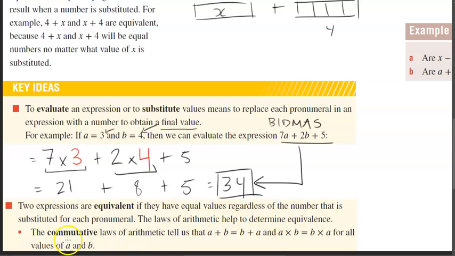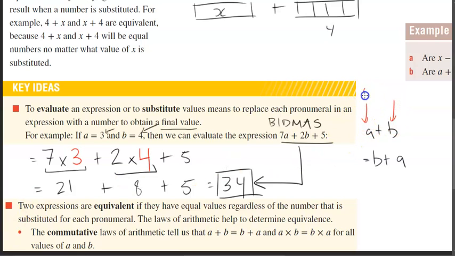And there's one law, the commutative law. The commutative law of arithmetic tells us two things. That if we were to add any two numbers, a plus b, this is the same as getting those two numbers and flipping their order. So a plus b is the same as b plus a. And the substitution comes into play as I can choose any two numbers. Doesn't matter.